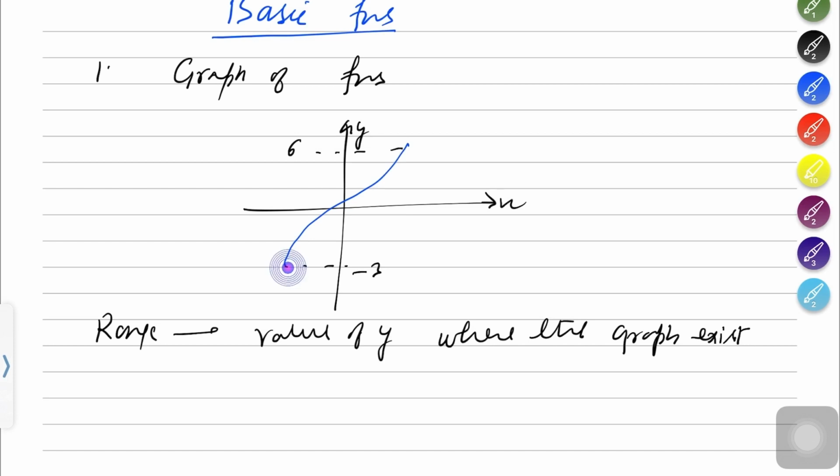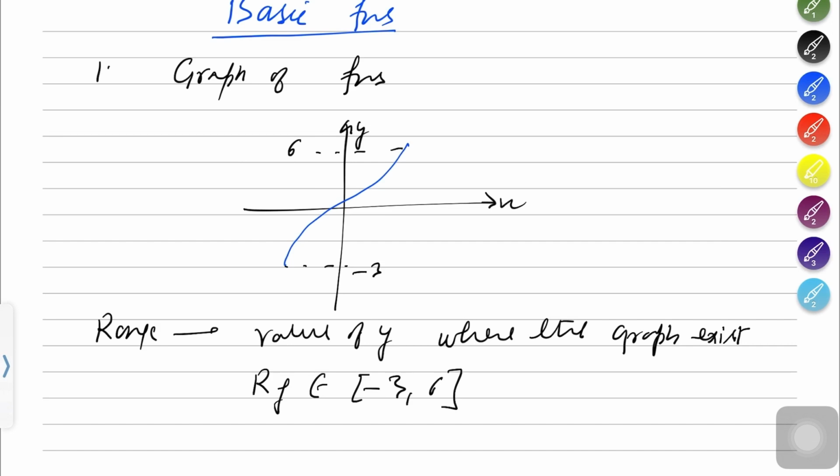So the values of y where the graph exists are from -3 to 6. So the range of this particular function is -3 to 6. If we know the graph, we can easily see the values of y where the graph exists. That is basically the range of the function.